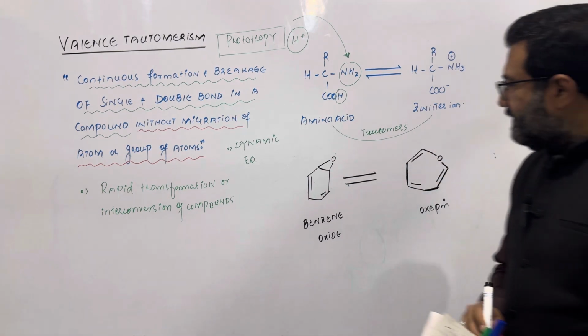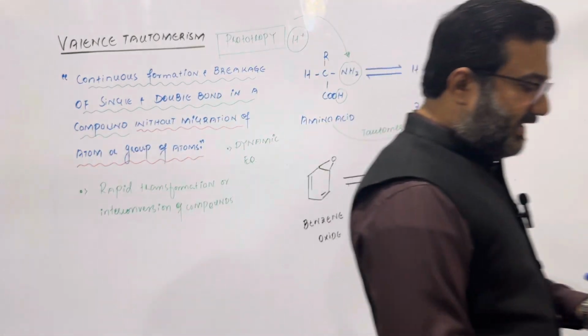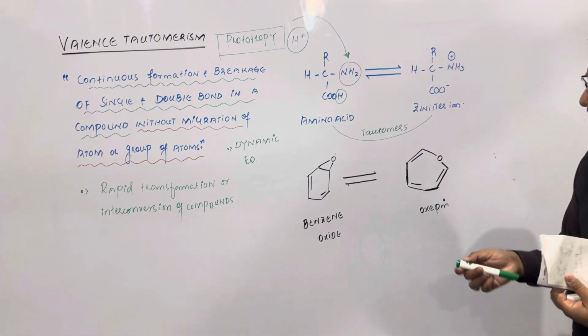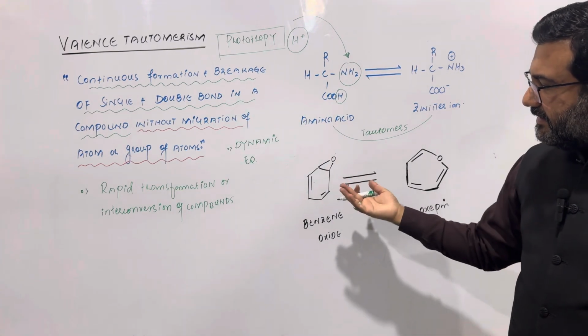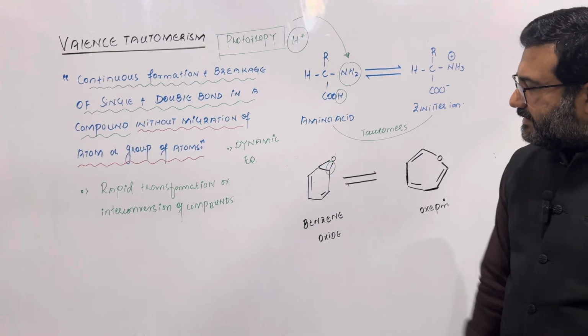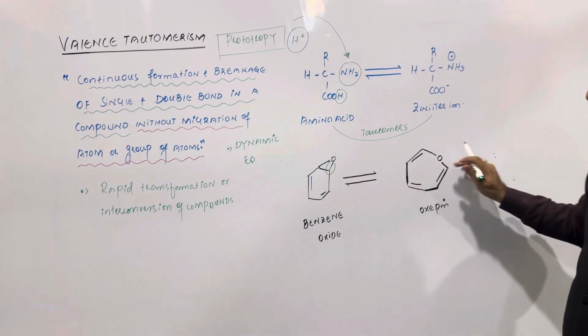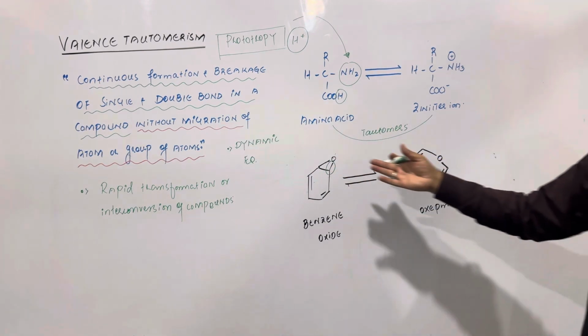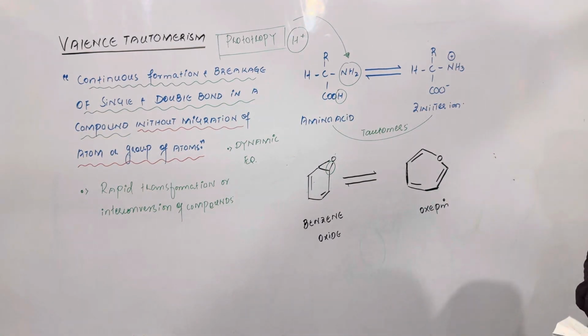Now, my dear students, you can see that in this particular case in which benzene oxide is changed, there is no shifting of the atom, rather the bond shifting has taken place. Only the bond is shifted inside the ring and this compound is produced while all the atoms are at their place. So this one is an example of the valence tautomerism.